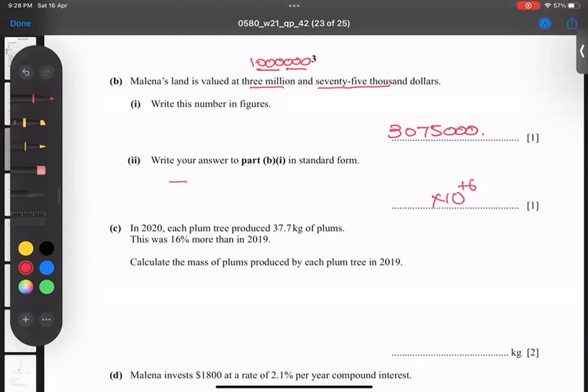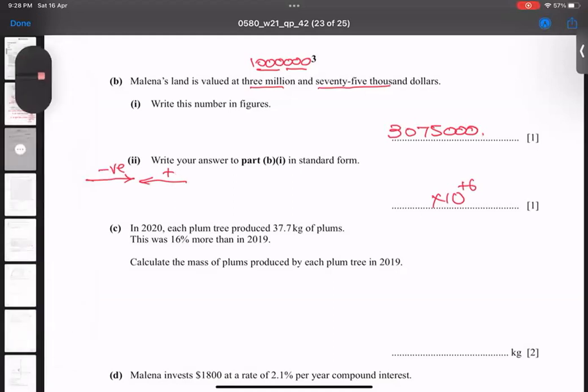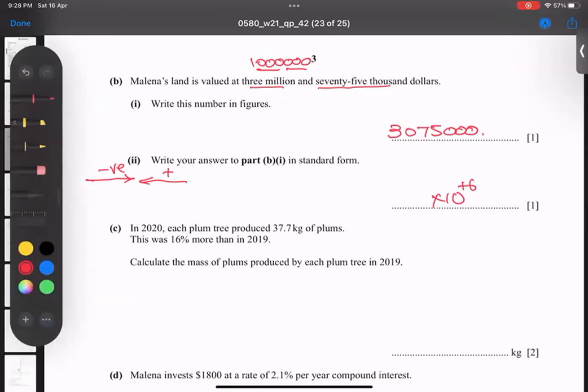Left to right is positive, and right to left is called negative. Make sure of that. Let me write it here. This is positive. So that is why it becomes 3.075 times 10 to the power 6, and I got the answer.